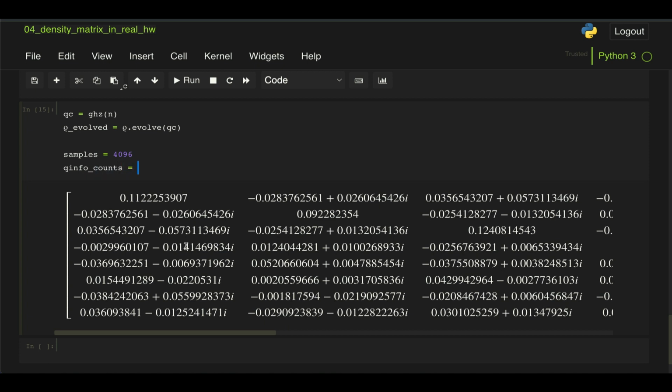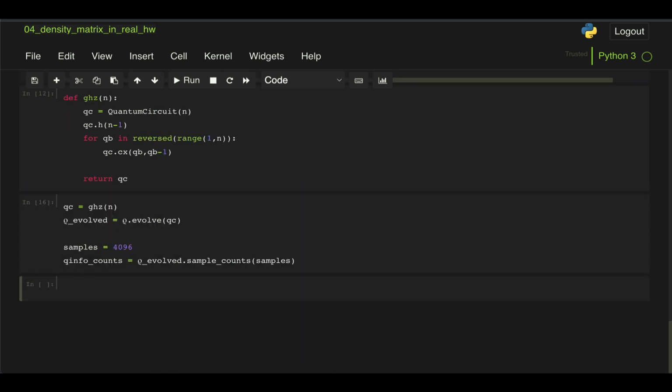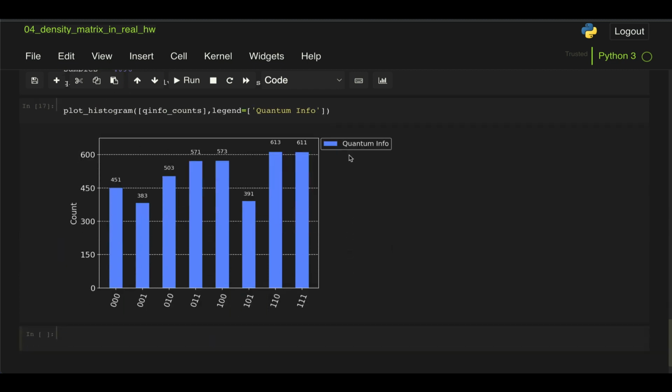And I'm calling it qinfo because I'm doing all of this using the quantum info package from Qiskit to get these results. And then all we need to do is take that evolved density matrix, and we can use this sample counts method to get a distribution. And then after that, we can plot that in a histogram, and this is the result we get.